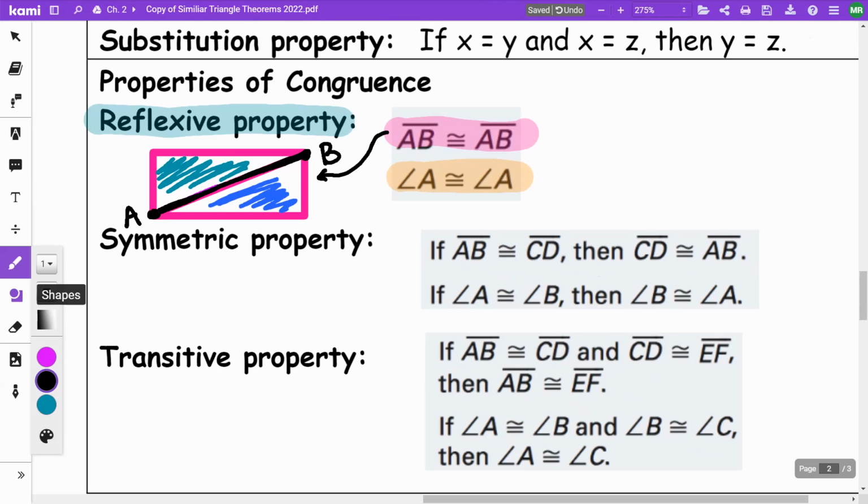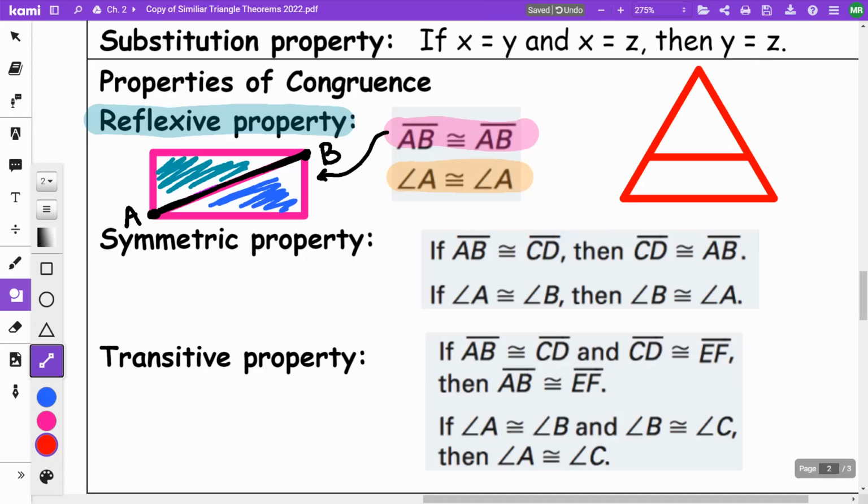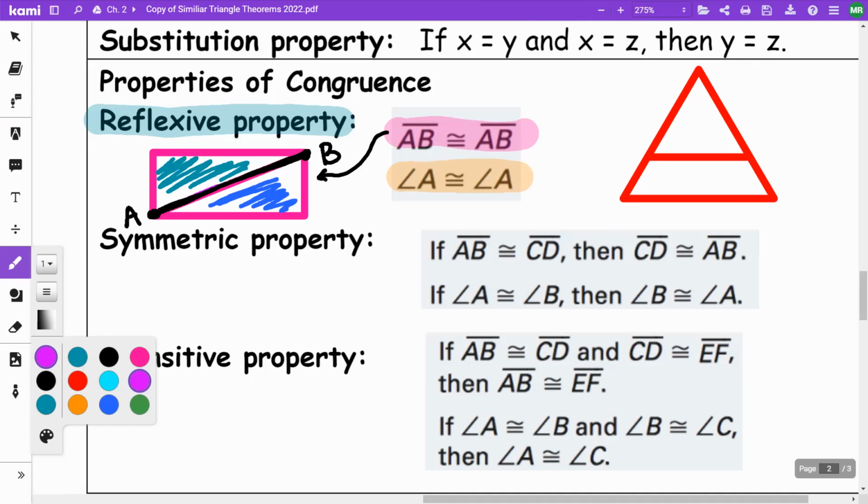And then let's say I have a triangle and I have something like this. So similar triangles where one's a dilation of the other, and they share an angle. So this angle up here, let's say I call that A. Angle A is congruent to angle A because it is in both triangles.